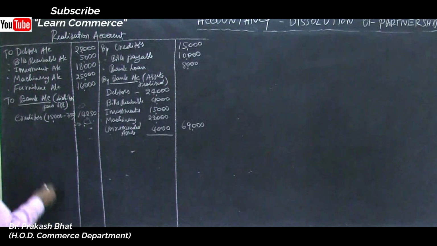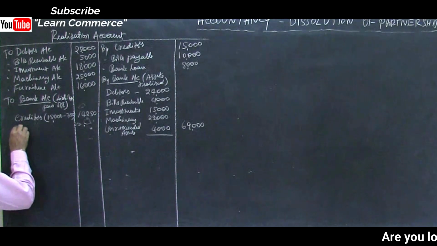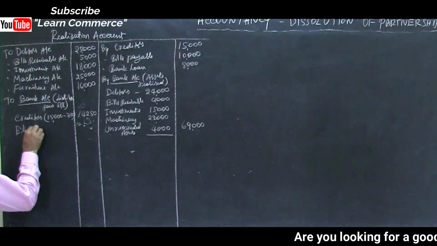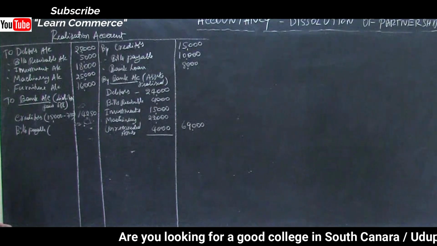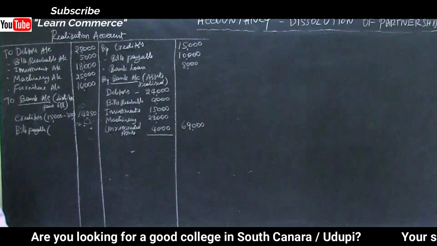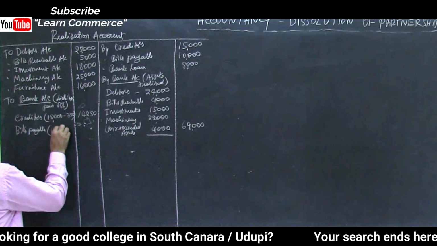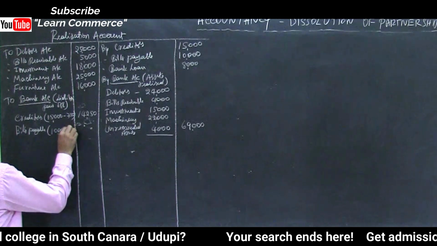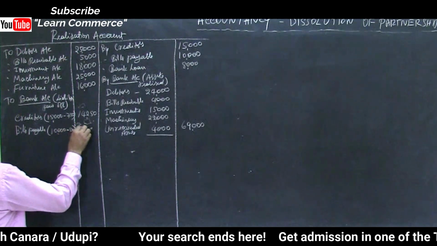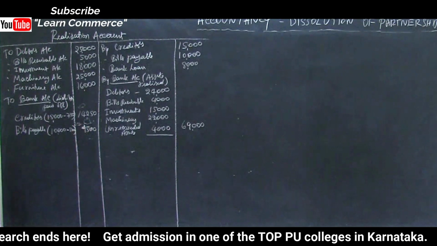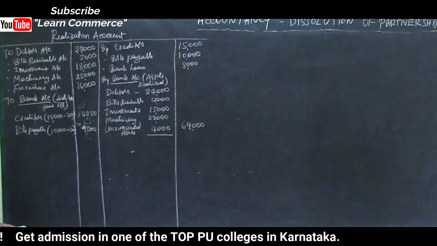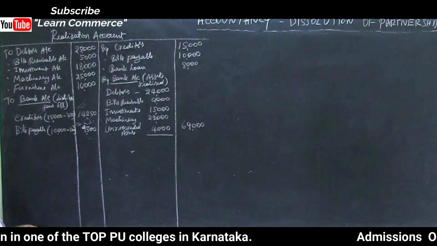Then bills payable also were paid at a discount of 5%. Show it in the inner column within bracket. 10,000 minus 500, so it will be 9,500. 9,500 is the amount paid to bills payable.